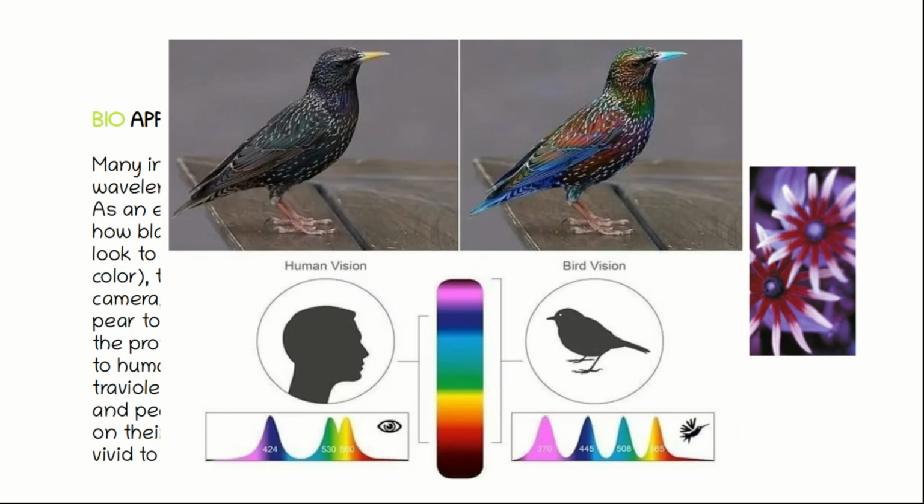So you can see in the right picture, the bird vision also includes the ultraviolet wavelengths, as you can see in the bottom graph. 370, which is shown in pink, is actually an ultraviolet wavelength, but the human eye stops at 400 nanometers, and we're not able to see that pink color, which is actually a representation of ultraviolet here.